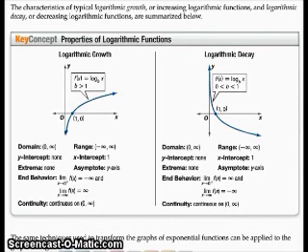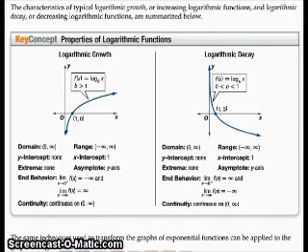If you have a minus thrown in or some parentheses thrown in, it's gonna shift, and we'll talk about that later. In logarithmic decay, for a standard one, the base b has to be between 0 and 1. The domain is from 0 to infinity, while the range is negative infinity to infinity. There's no y-intercept because it'll never touch the y-axis, and the x-intercept is 1. There's no extrema, and the asymptote is the y-axis.